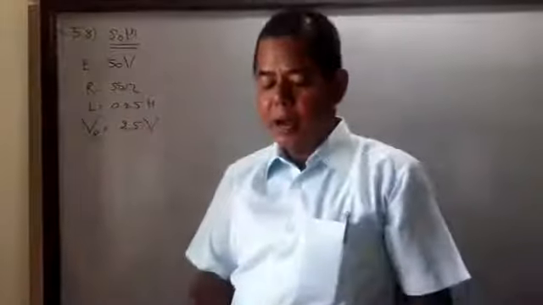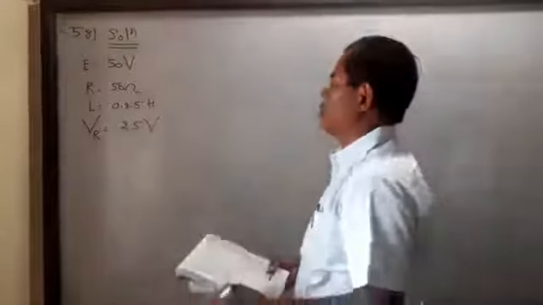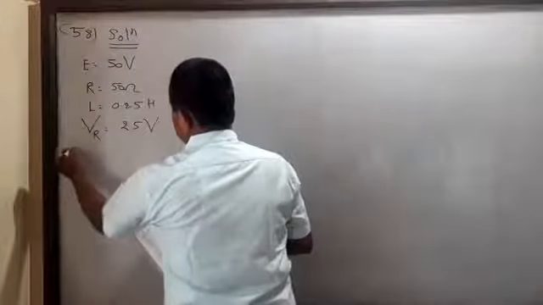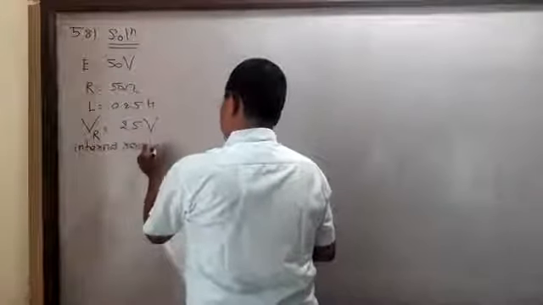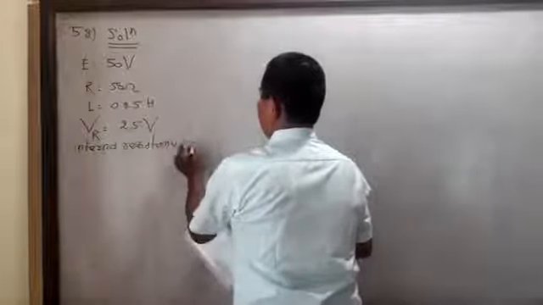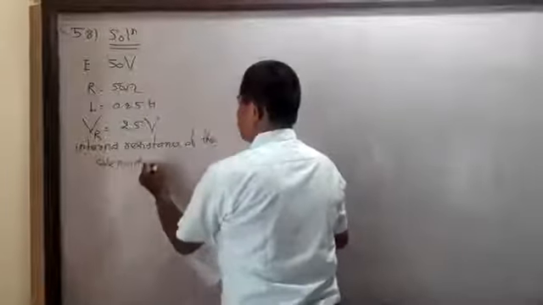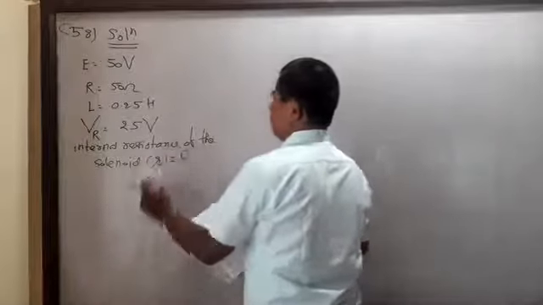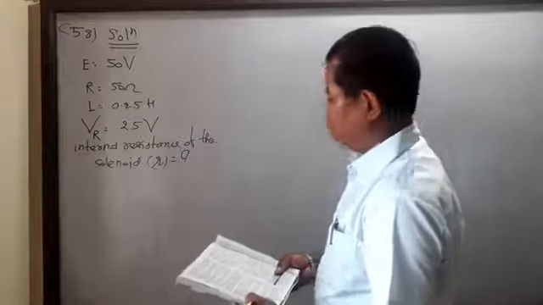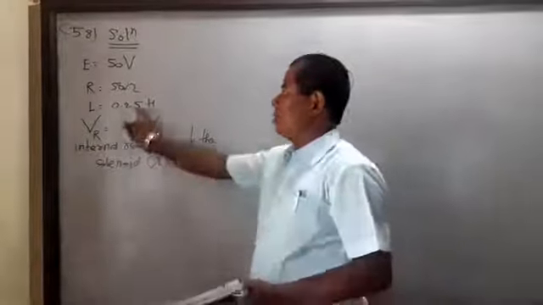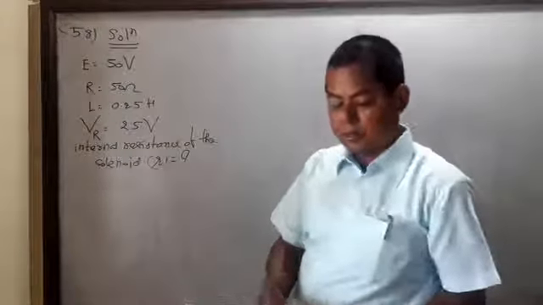Then we have to find the resistance of the solenoid, meaning the internal resistance of the solenoid, small r. It is not a pure inductor. An inductor has resistance as well as inductance. The inductance is given as 0.25, and we have to find the internal resistance, r.